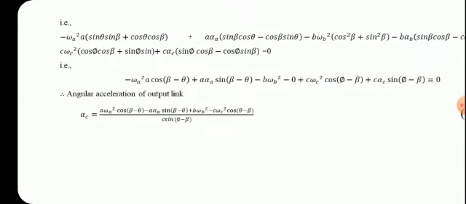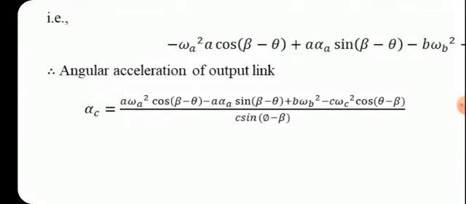That is minus A omega a square cos beta minus theta, plus A alpha a sin beta minus theta, minus B omega b square, minus 0, plus C omega c square cos phi minus beta, plus C alpha c sin phi minus beta is equal to 0.